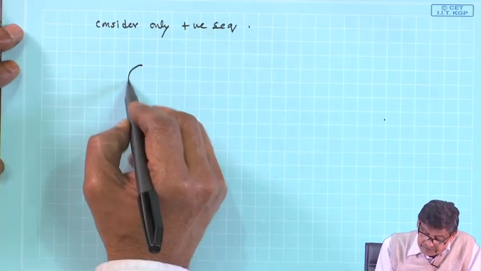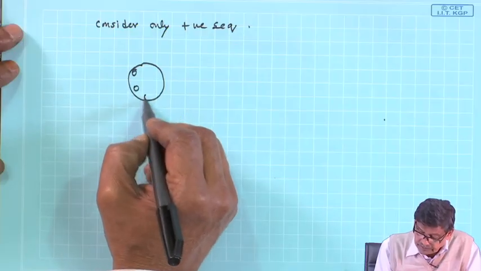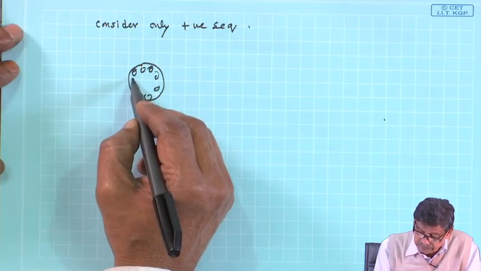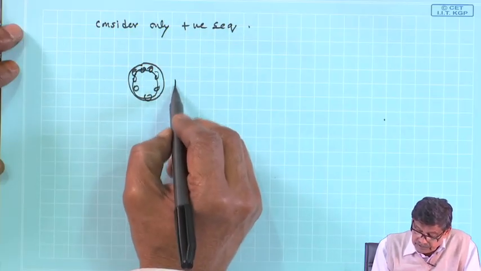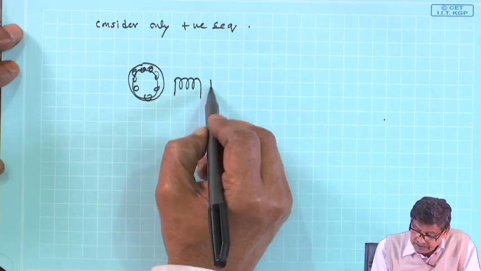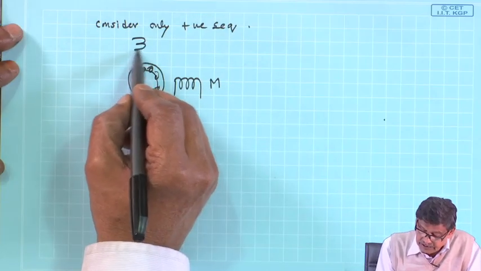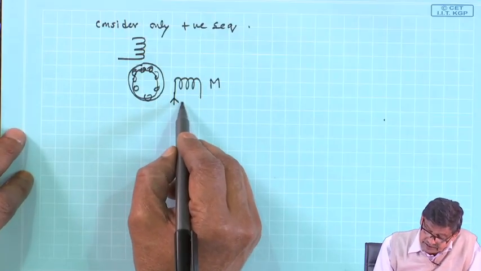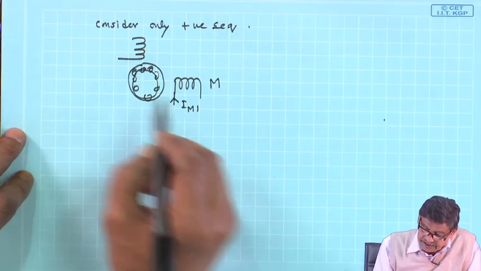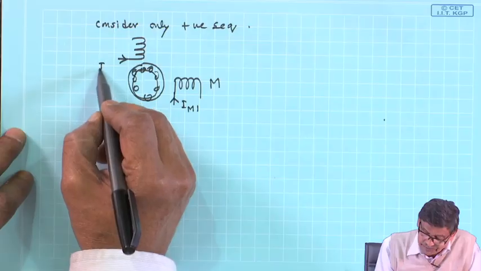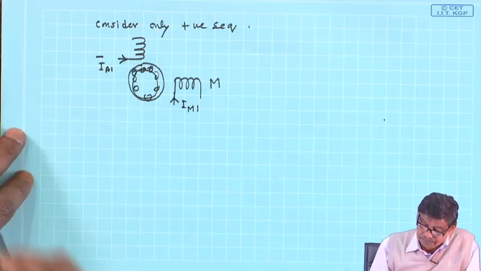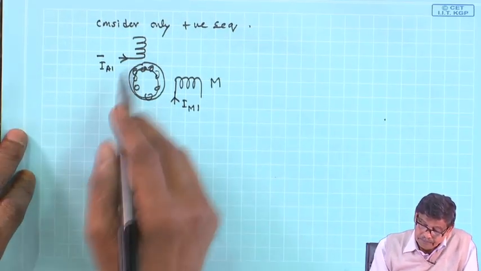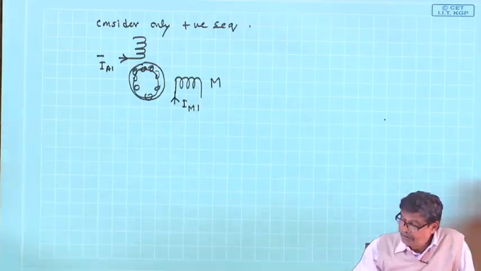This is the rotor, this is the main winding, this is the auxiliary winding, carrying currents IM1 and IA1.